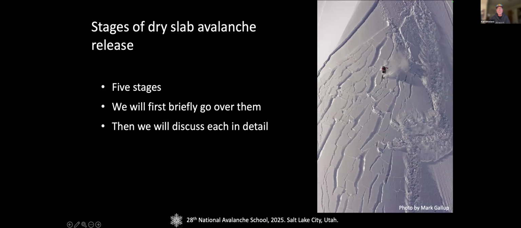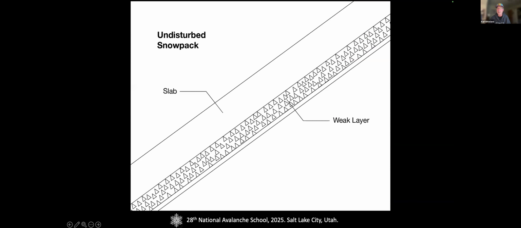Again, with the stages of dry slab avalanche release, we have 5 stages, and we're going to first briefly go over them, and then we'll discuss each of these in detail. To do that, we're going to use a series of diagrams that Simon and I worked on together with a graphic artist, and I'm pretty psyched about them.